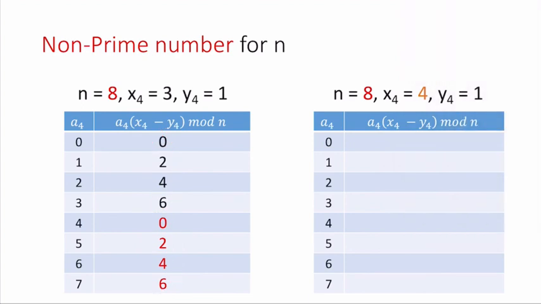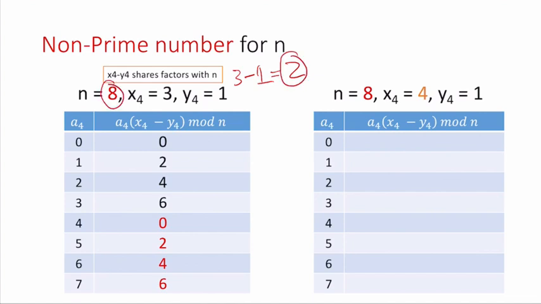So what is it about 8 that doesn't work? Maybe it's not any number of buckets, it's just that 8 happens to be bad. Well, the problem here is that when you take 3 minus 1, that's 2. And it turns out that if 2 shares any factors with n, you're going to have repeats.